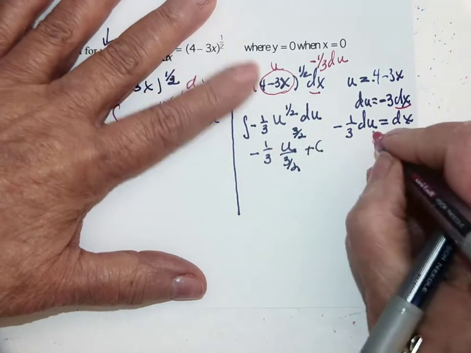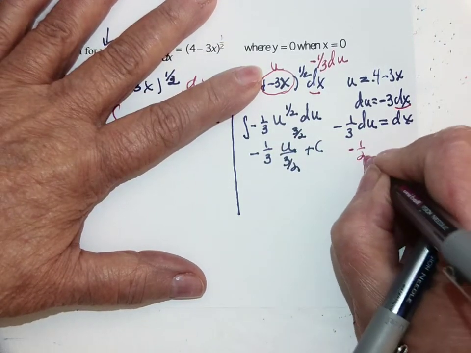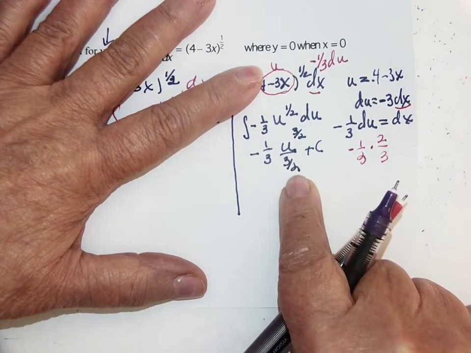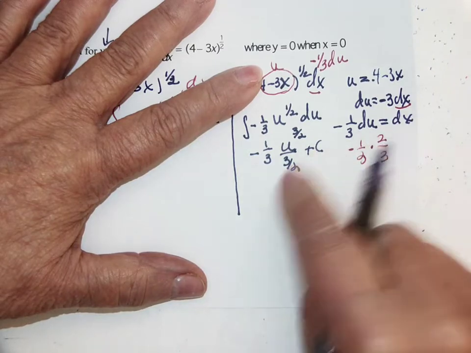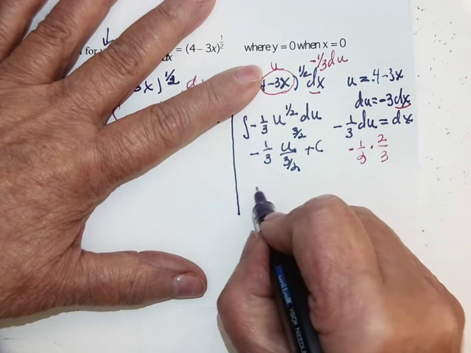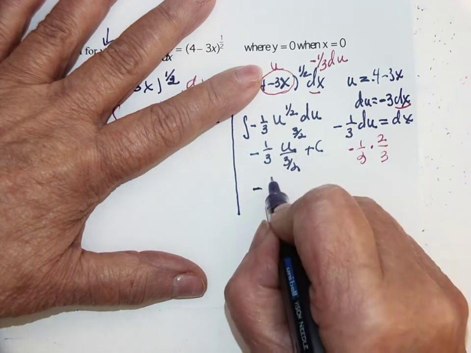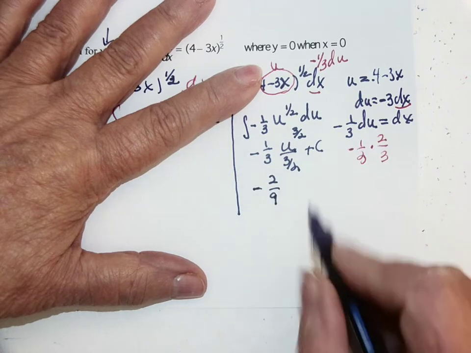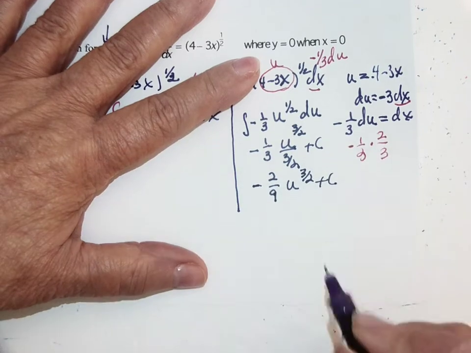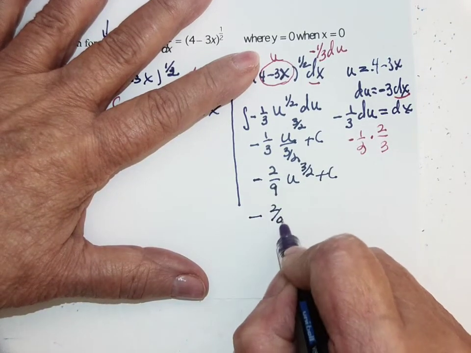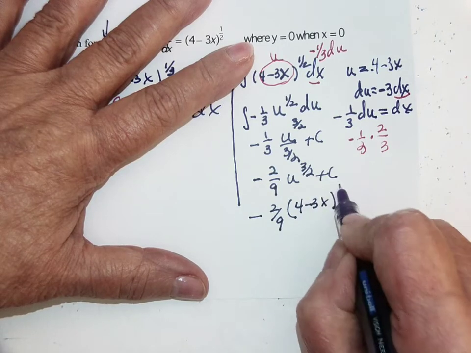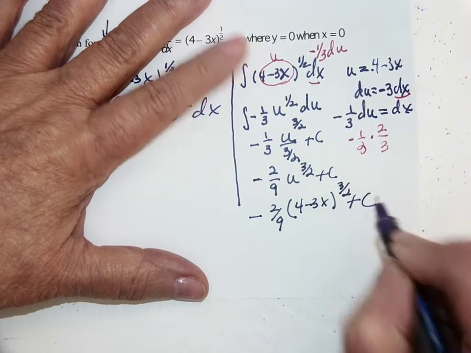Now I'm going to take negative 1/3 times 2/3, because I'm going to flip the 3/2 to make it 2/3. This becomes negative 2 over 9 u to the 3 halves plus c, or negative 2 over 9 times 4 minus 3x to the 3 halves plus c.